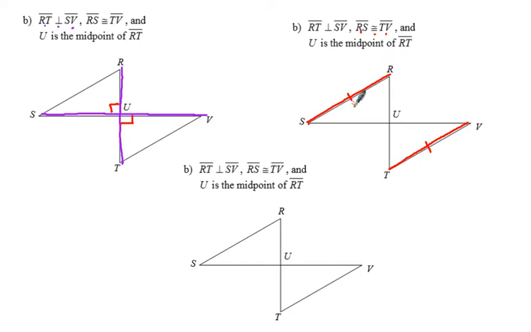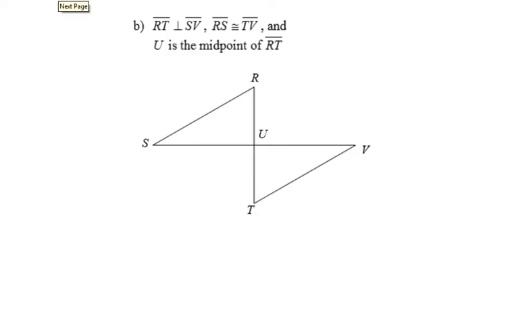And lastly, it says U is the midpoint of RT. So if U is really the midpoint, then these segments here ought to be the same. And we make that visual using the tick marks. Let's put that information all together into the picture, with the right angles, perpendicular lines, with RS matching TV, and with U being the midpoint of RT.